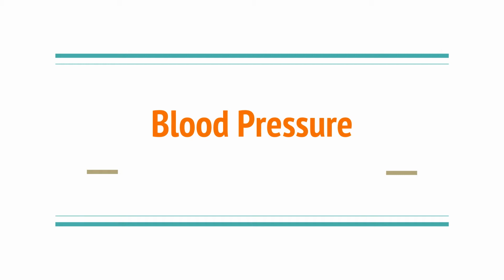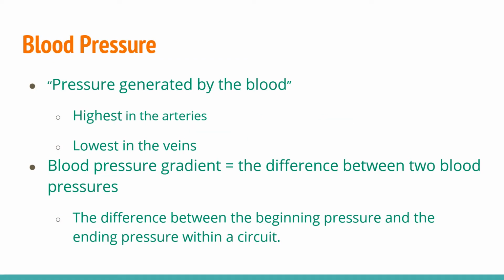Alright, so blood pressure. We're moving on here. Fairly short lecture. When we're talking about blood pressure, we're basically talking about pressure generated by your actual blood. As you can expect, we have the highest pressure in our arteries, coming off the heart, off of our pump, and the lowest in the veins.